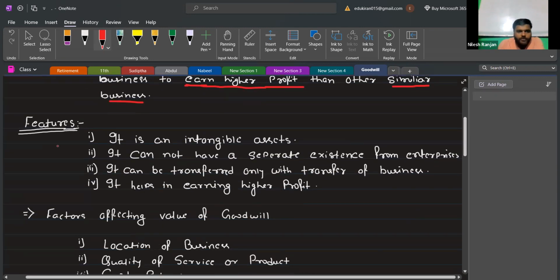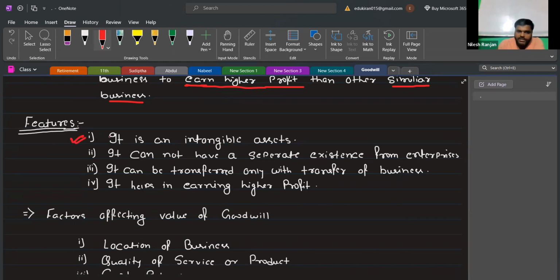Now, features. So it is an intangible asset. This is very important for objective type question. You need to remember this. It cannot have a separate existence from enterprise. What does it mean? Goodwill does not exist without its business.